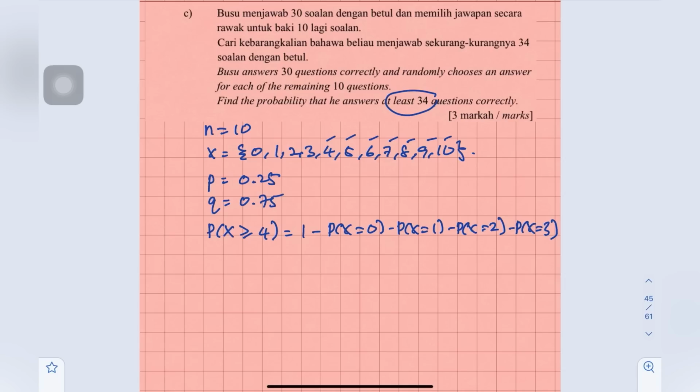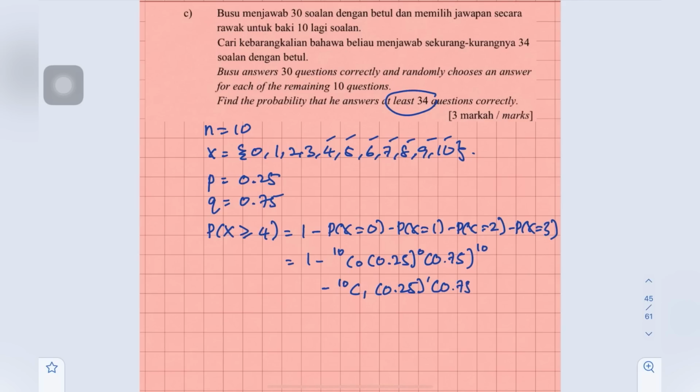Okay, so we find them one by one. So 1 minus, when x is 0, 10C0, 0.25 power of 0, 0.75 power of 10. Minus 10C1, 0.25 power of 1, 0.75 power of 9.